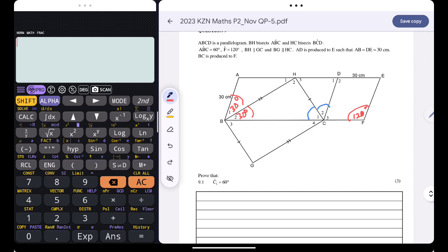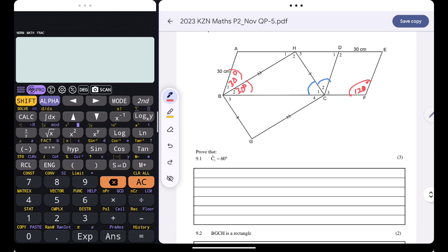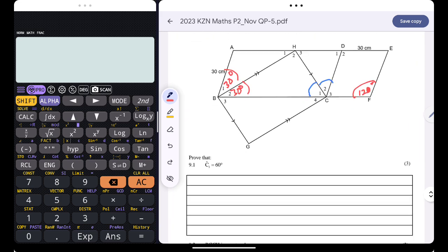The first thing they want us to do is to show that angle C1 is equal to 60 degrees. How can we do that? Remember that we were told that ABCD is a parallelogram. This particular shape over here is a parallelogram.